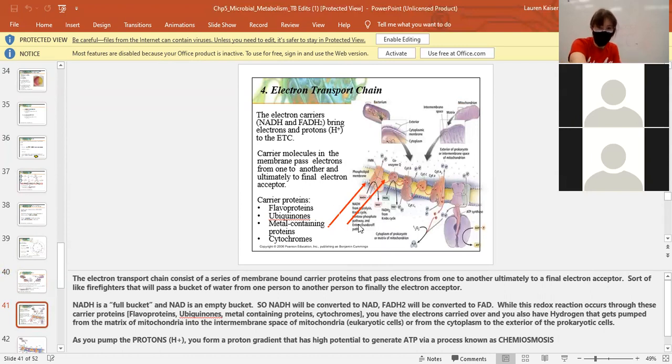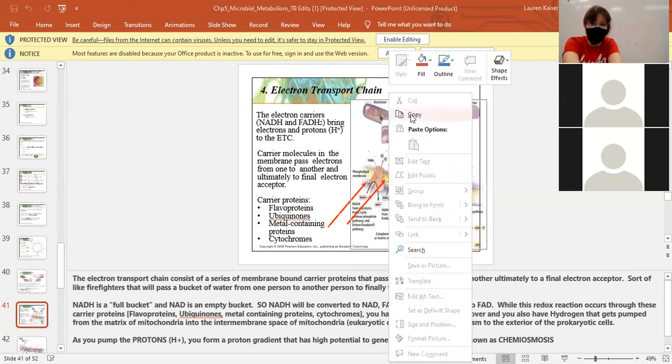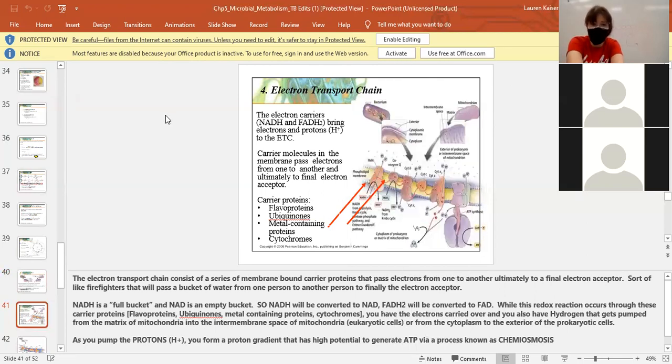This is what I was trying to simplify here. It's a good summary of what's happening. We have NADH and FADH2 bringing electrons and protons in.